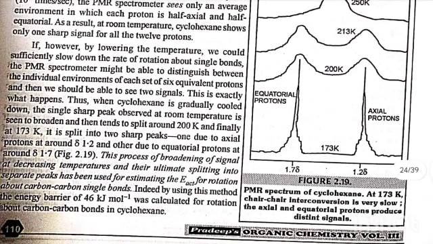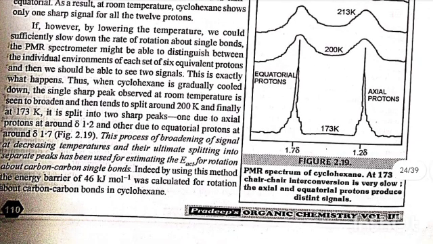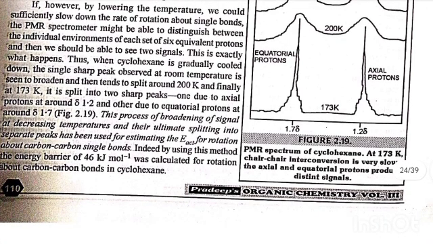If, however, by lowering the temperature we could sufficiently slow down the rate of rotation about single bonds, the PMR spectrometer might be able to distinguish between the individual environments of each set of 6 equivalent protons, and then we should be able to see two signals. This is exactly what happens.